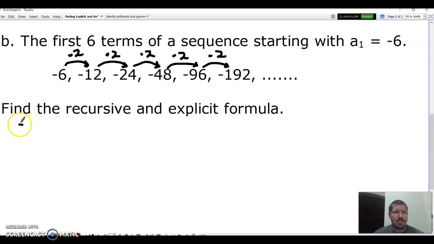Alright, so recursive in this instance is that a sub n is equal to 2 times a sub n minus 1.